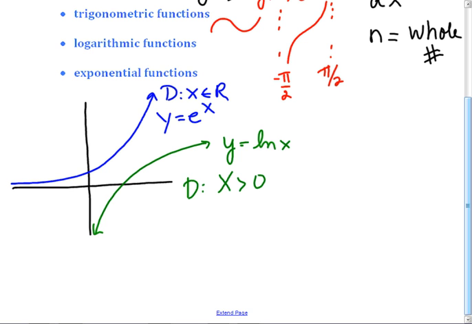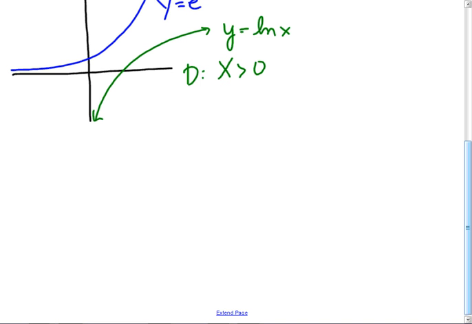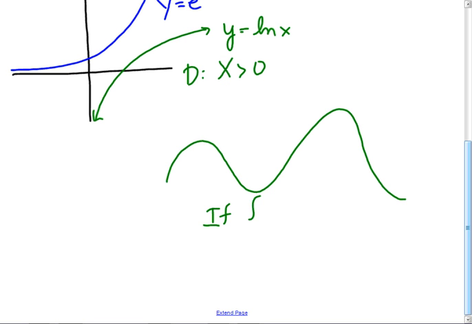And by the way, if your function is smooth, no sharp turns or anything like that, that's nice and smooth. It's differentiable everywhere, and its derivative will be smooth as well. So I'm going to actually write that. If f of x is smooth, you know, it behaves nicely, no sharp corners, then f prime of x will be the same way.